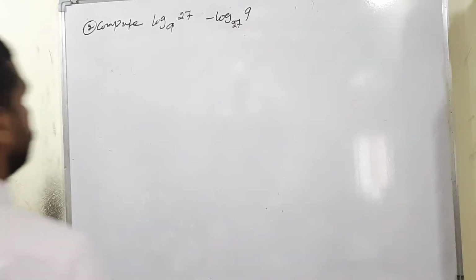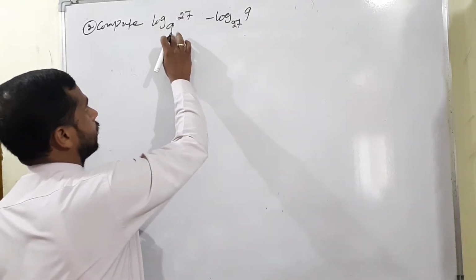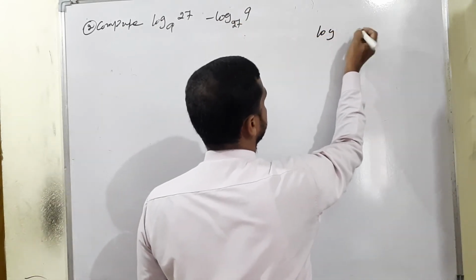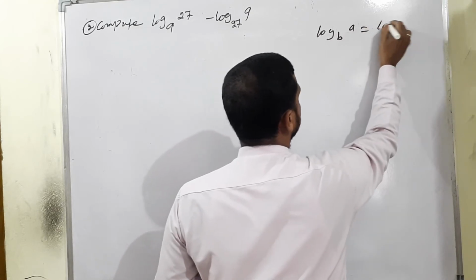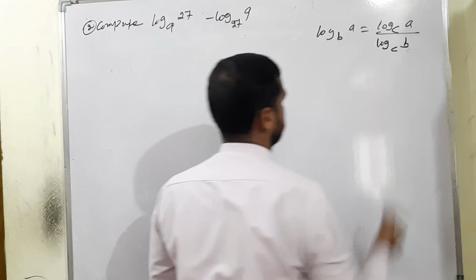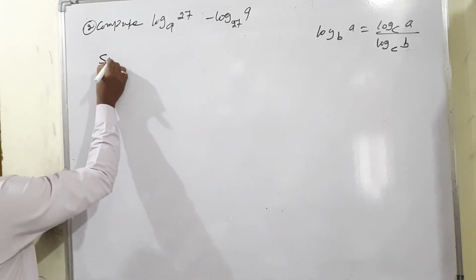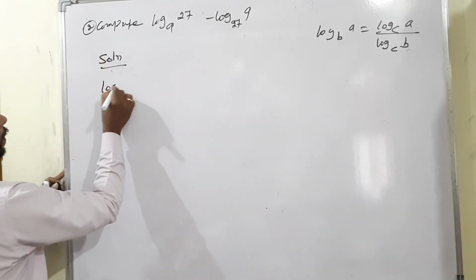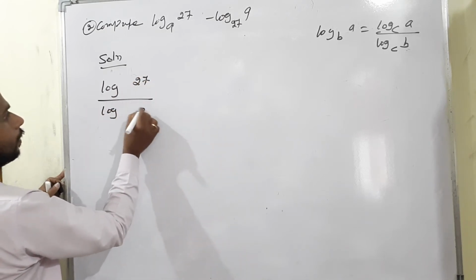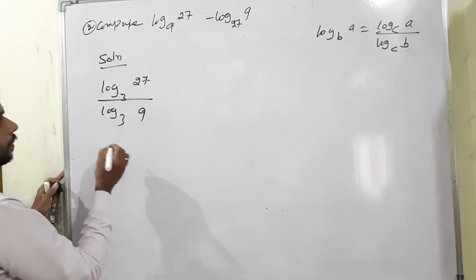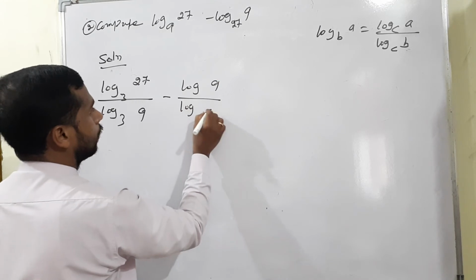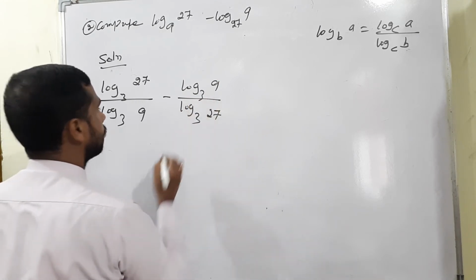Question number 2: compute log 27 base 9 minus log 9 base 27. Already we know one property. Log a base b means what? Log a divided by log b, with a common base c. The same condition, solution: log 27 divided by log 9, considering base 3 as common, minus log 9 by log 27 base 3.